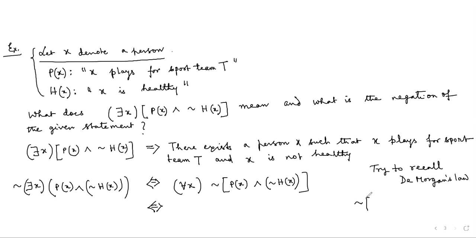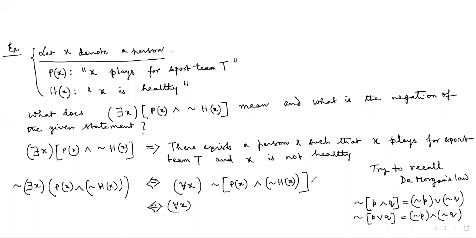It said that negation of P and Q is equal to negation of P or negation of Q. Another statement is that negation of P or Q implies negation of P and negation of Q. By De Morgan's law, we can write it as negation of Px or negation of not Hx.